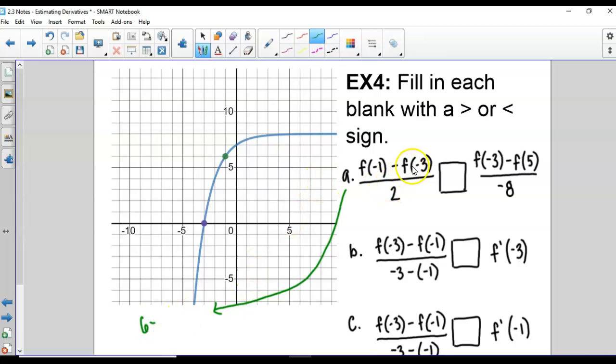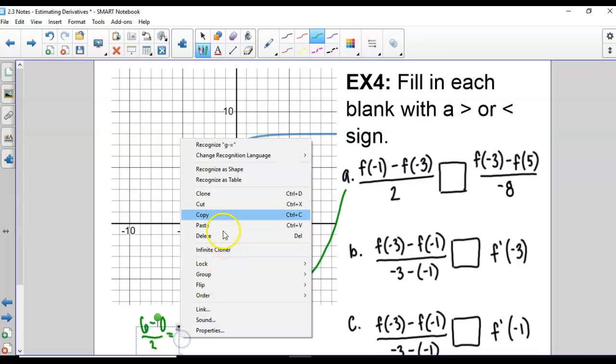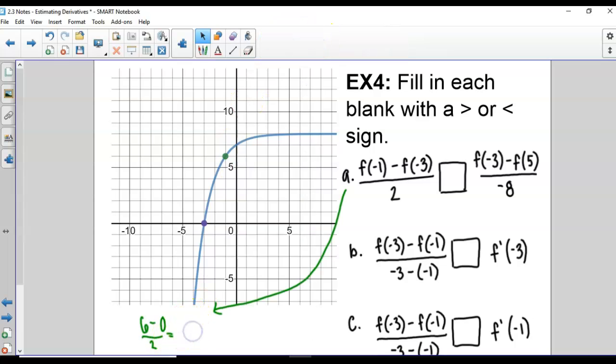And f of negative 3. Liliana, what would f of negative 3 be? It's 0. Because right here at negative 3, we have a y-coordinate of 0. All over 2, so that's going to equal 3 on this side. And then we could do the same thing over here, but we are going to have to do some estimating because f of negative 3, we just found that was 0.